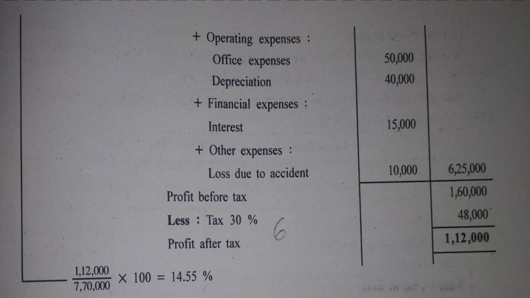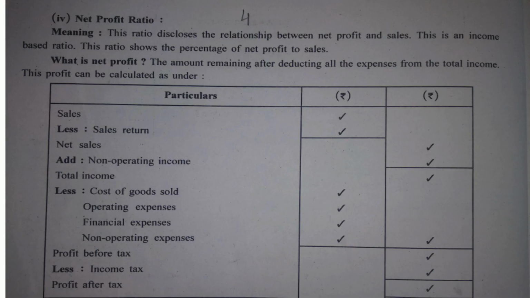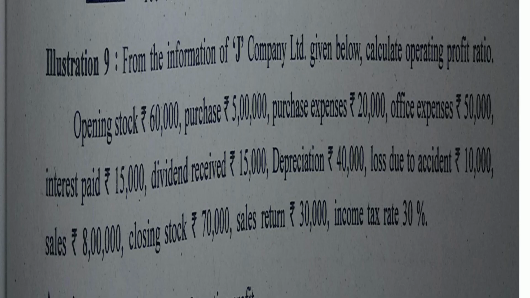Financial expense, interest 15,000. Lastly, other expenses: loss due to accident. In illustration 9, nothing else remains to be recorded. Everything is recorded except for the income tax rate of 30%. That will be utilized ahead.